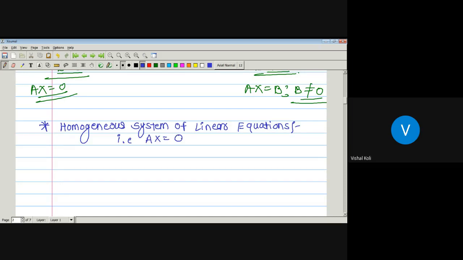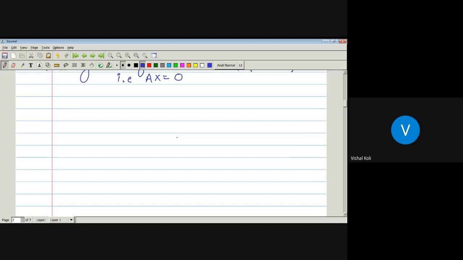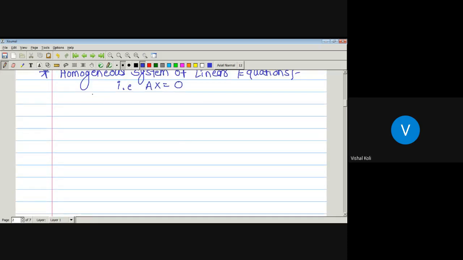This one is not a 0, it is a null matrix of order m by 1. Ax equal to 0 means here we get the matrix a11, a12, up to a1n, a21, a22, up to a2n, and the last row am1, am2, up to amn, multiplied by our n unknowns.